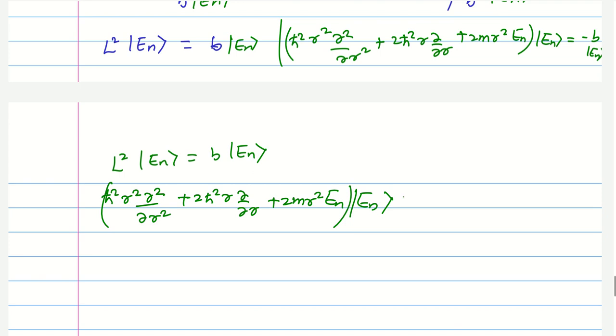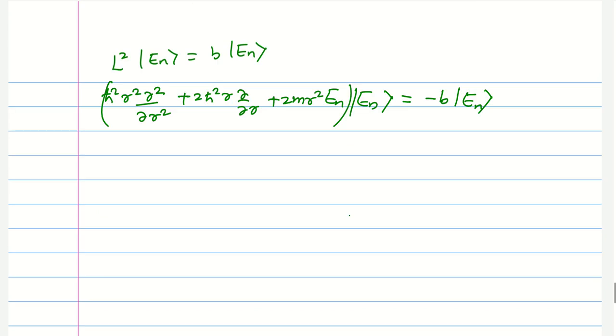So when it acts on this eigenket, you get minus b, this eigenket. So these two eigenvalues you get, and to solve this, we find that this b has to be of this choice.